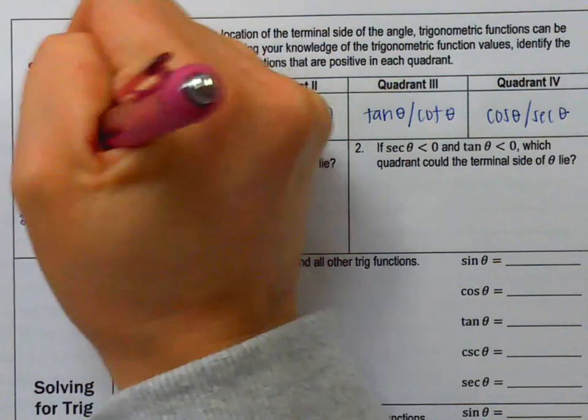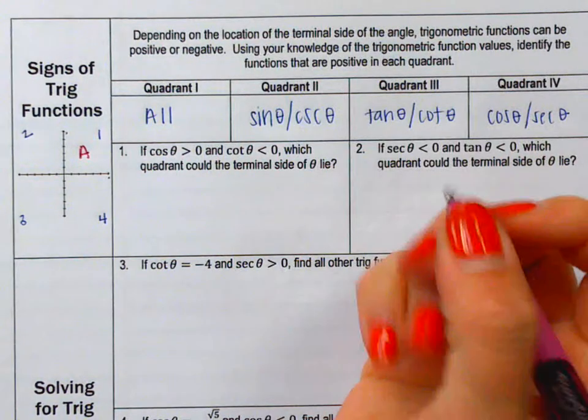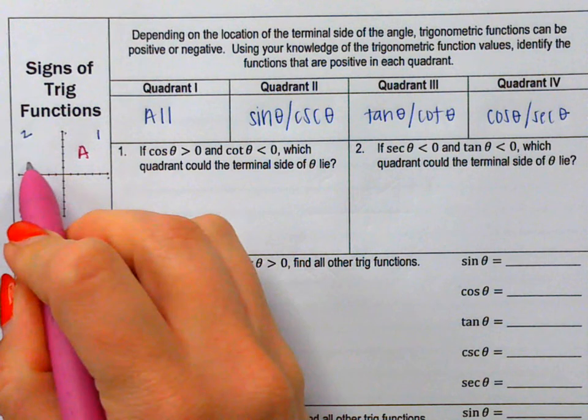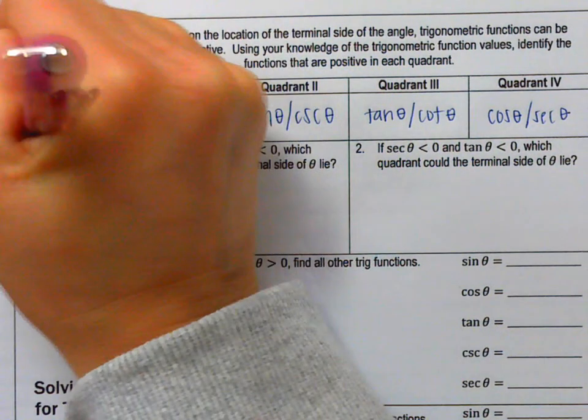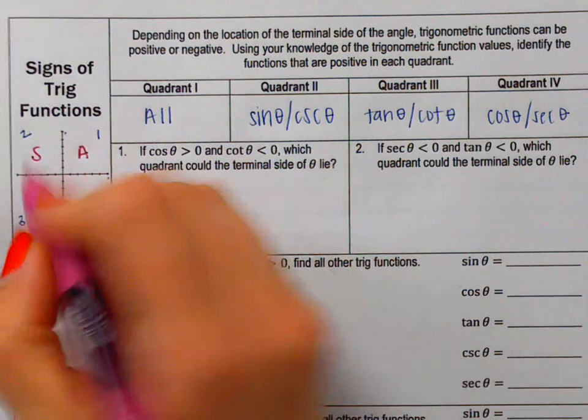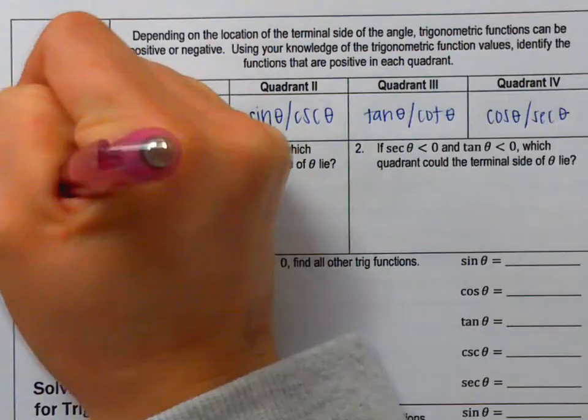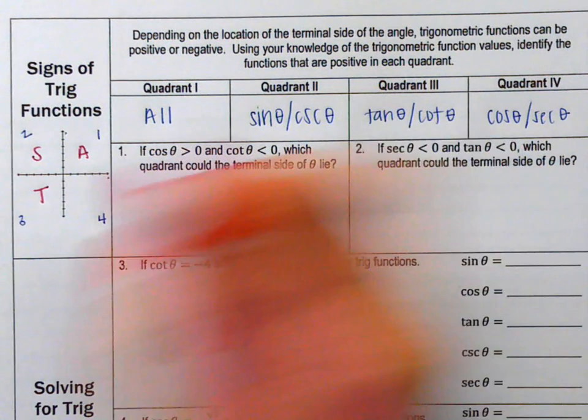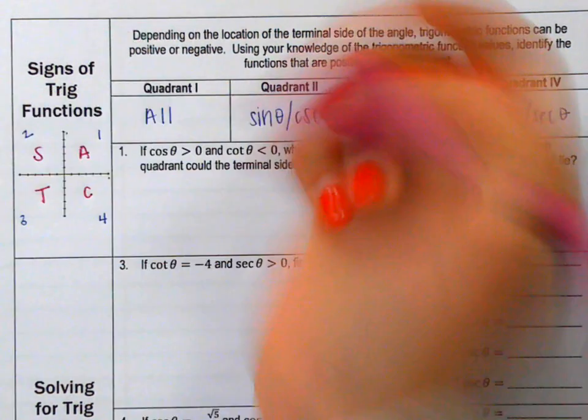So all are positive in quadrant 1, so A. In quadrant 2, sine is positive, and then we know that the reciprocal will also be positive, but we just focus on sine for this acronym. And then tangent is positive in quadrant 3, and then cosine is positive in quadrant 4.